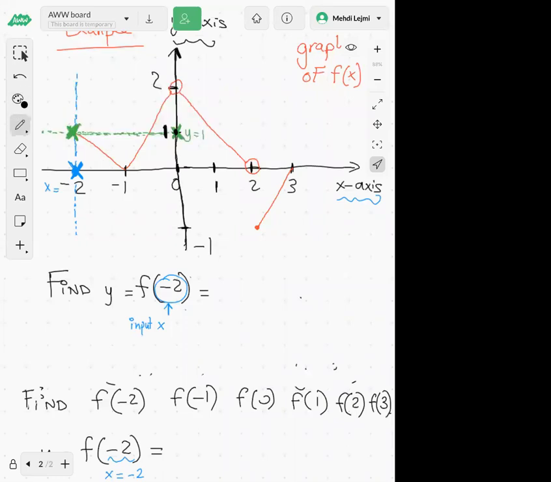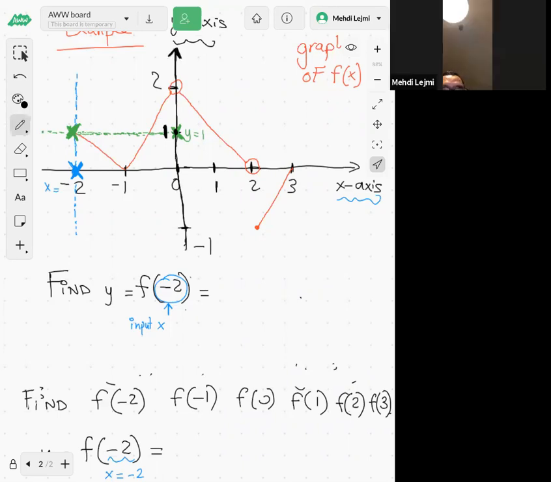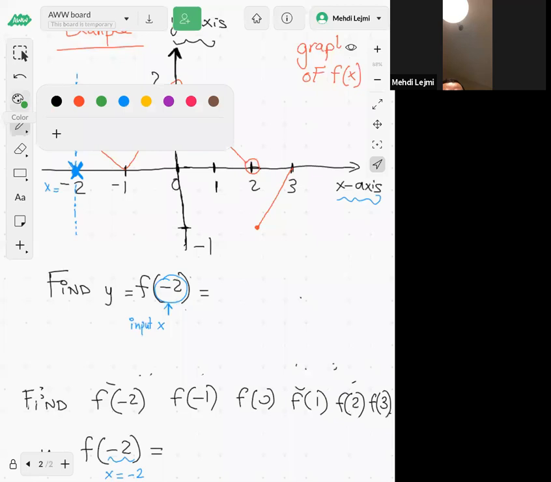That represents the outputs y. So you start from your intersection, and I draw this horizontal line, and it intersects the y-axis at this point, exactly here. You need to intersect the y-axis to find the output y.